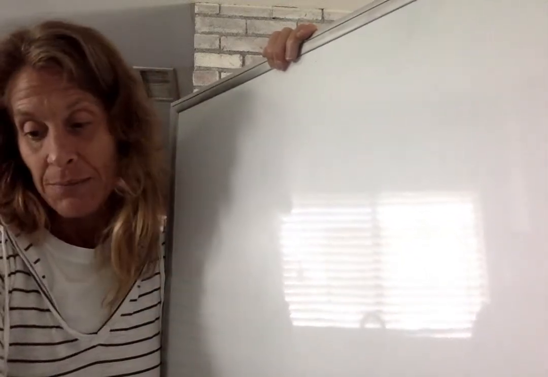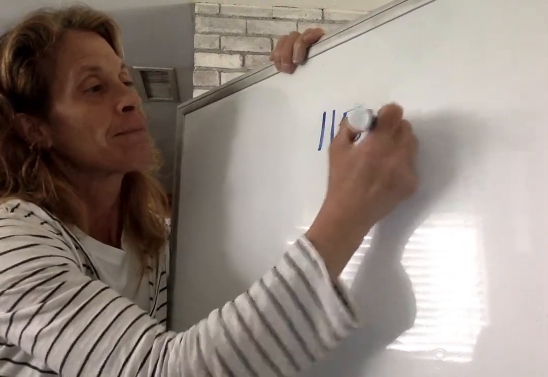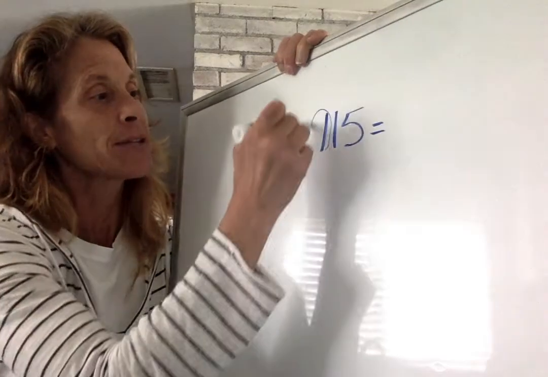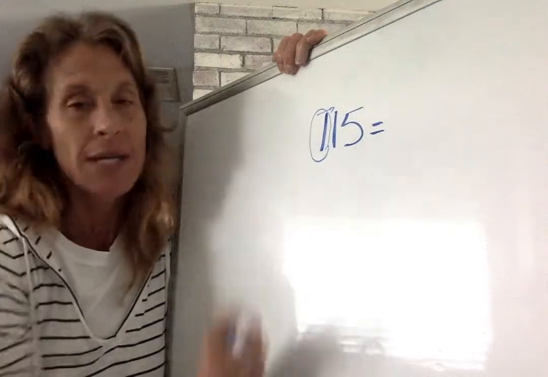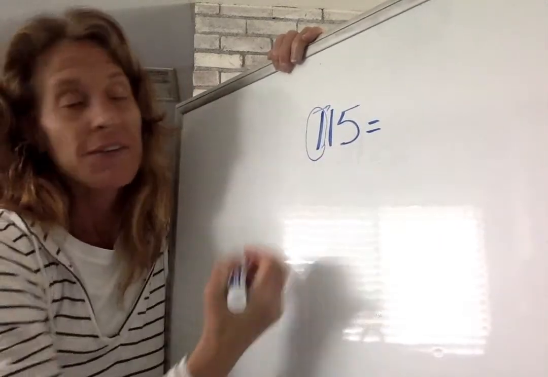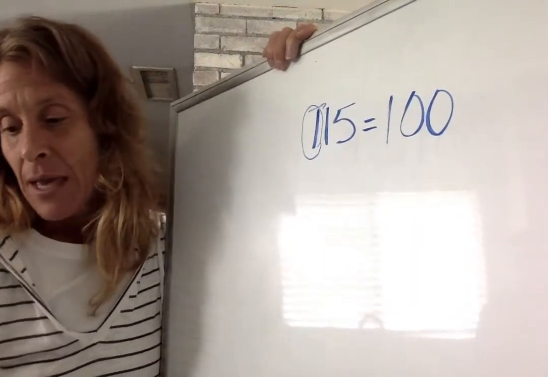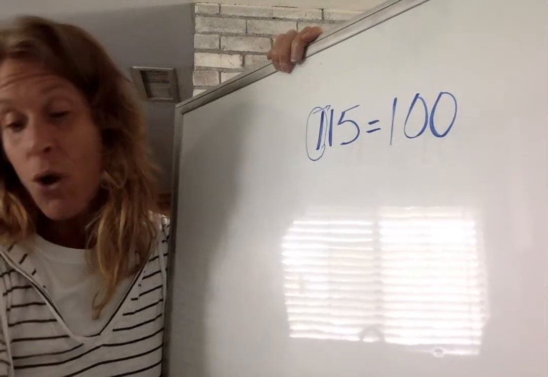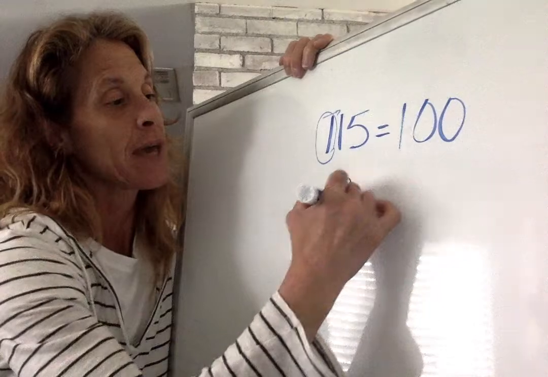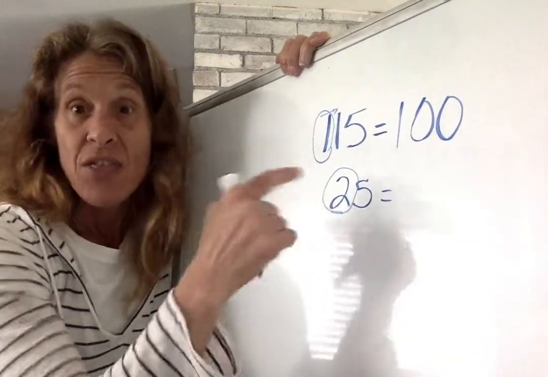So let's break it down. We have 115 fourth graders. Right off the bat, what are we going to round that to? Well, the nearest 100, here's our 100. We look next door, it's a 1. It's lower than 5, so we can round 115 easily to 100, okay? Then it says their goal is to memorize 25 verses, okay? So 25, we're rounding to the nearest 10. This is a 5.